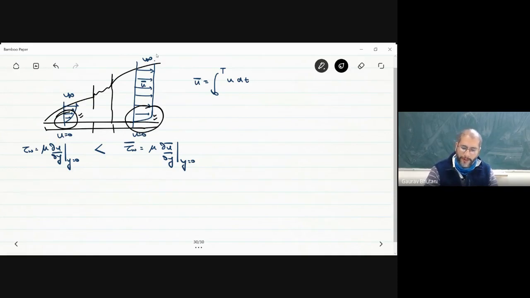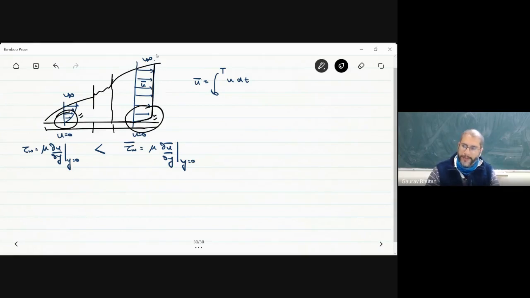Because of the mixing, we have a very flat profile in most of the region, and since the velocity has to go from 0 to u infinity, that variation happens in a very small vertical distance. That results in a very strong del u by del y, and that ultimately results in a very strong wall shear stress.